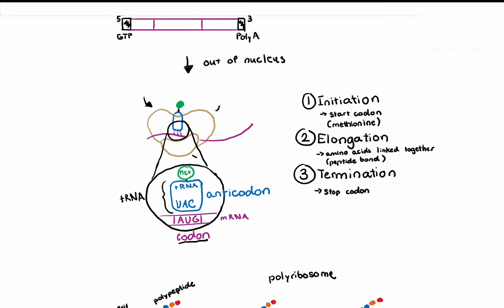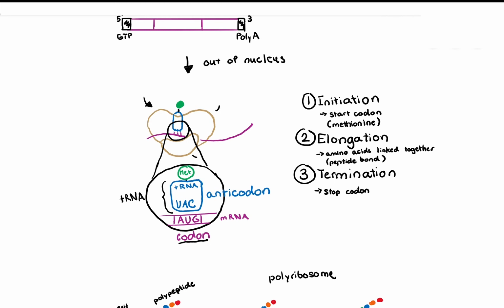Now methionine is actually a very special amino acid, because it's the start codon. So AUG in mRNA is the start codon, which codes for methionine. And so all of these polypeptide chains begin with your methionine amino acid.